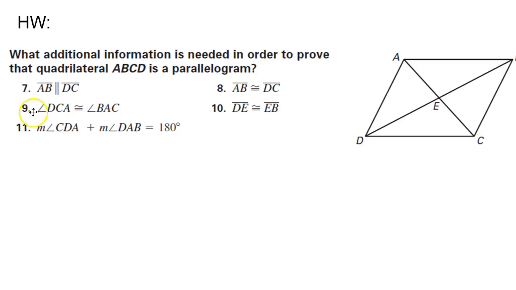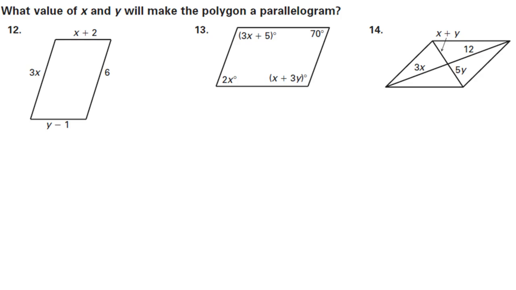All right, so next set of examples then. The question becomes, what value of x and y will make the polygon a parallelogram? The trick to all three of these is that you're going to solve for x first, and that'll allow you to solve for y.